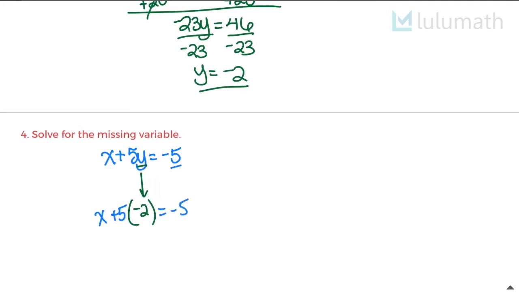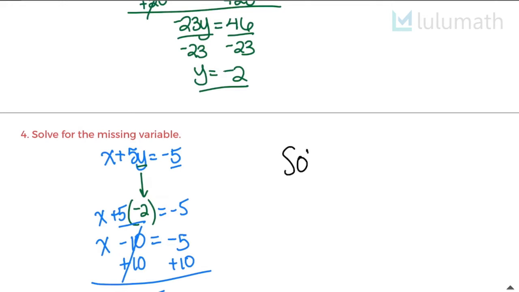So 5 times negative 2 is negative 10, so I get x minus 10 equals negative 5. Add the 10 to both sides, and negative 10 plus 10 cancels, I get 0. Negative 5 plus 10 is 5. So that tells me that my solution to my system of equations will happen when x is 5 and when y is negative 2.